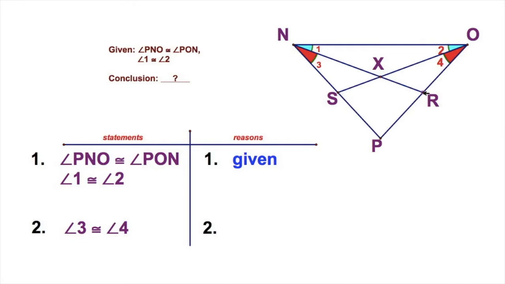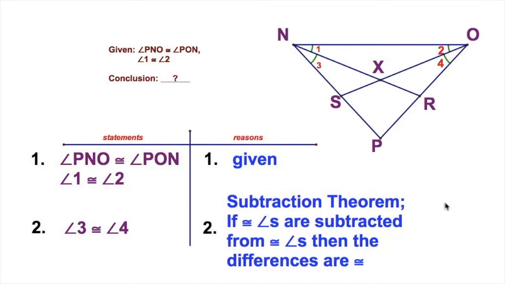And just like before, I'm going to take these angles and take away these angles, and what I'm left with are these angles. That's a clear case of the subtraction theorem. Again, 4 angles in this, well, hang on a second. Getting confused here.